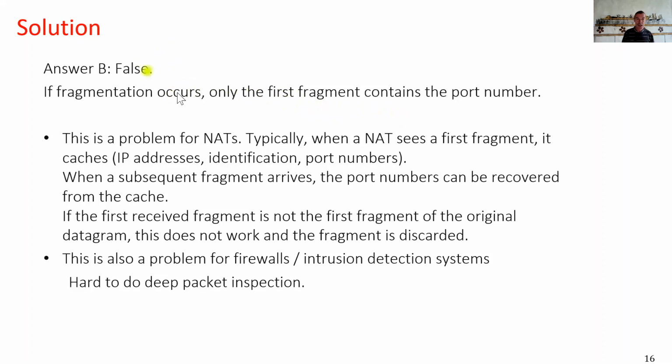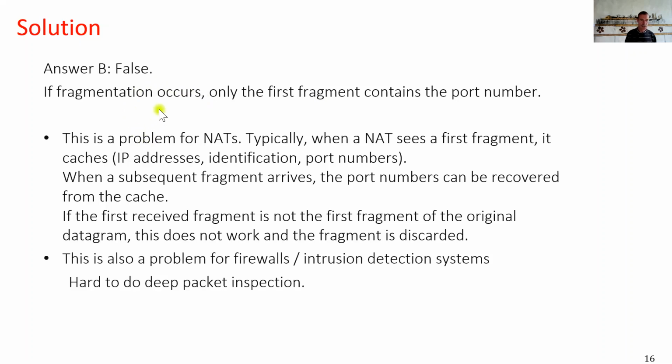So which means that if we do fragmentation, we don't have a port number in all packets, which is yet another problem for whom? For the NATs, of course, because the NATs rely on the port numbers to know what to do. So some NATs simply don't support fragmentation.